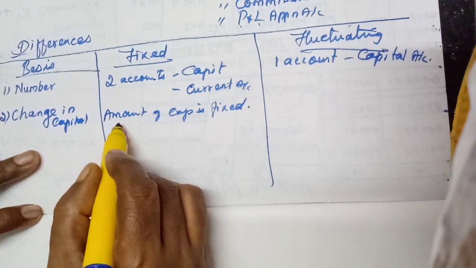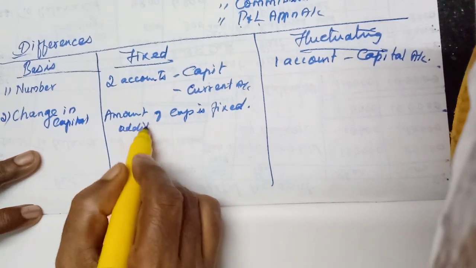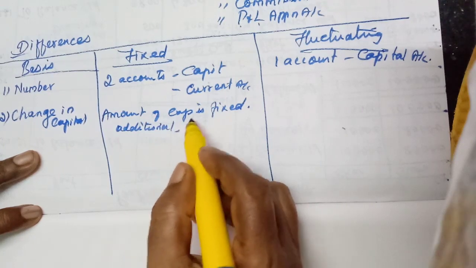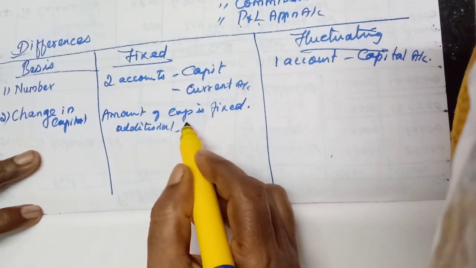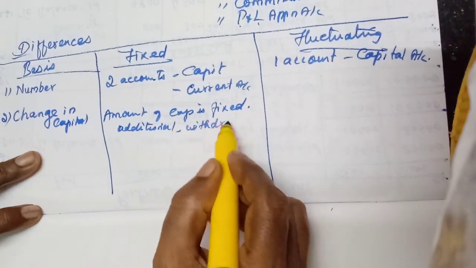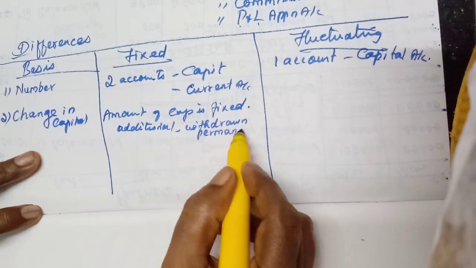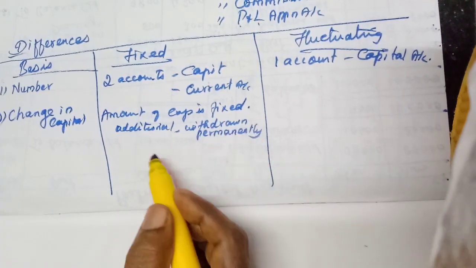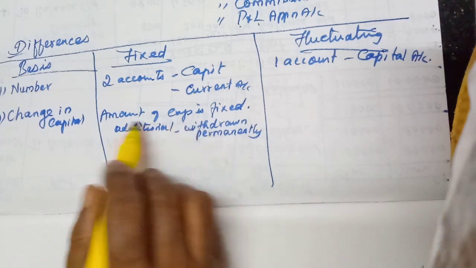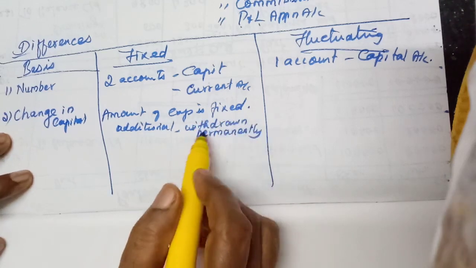If there is additional capital, we will enter. Then another thing we will enter is capital withdrawn permanently. If anything is withdrawn permanently or if additional capital is introduced, only then the capital may change. Otherwise, the amount of capital is almost fixed.